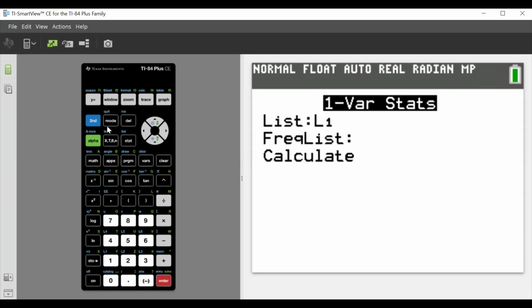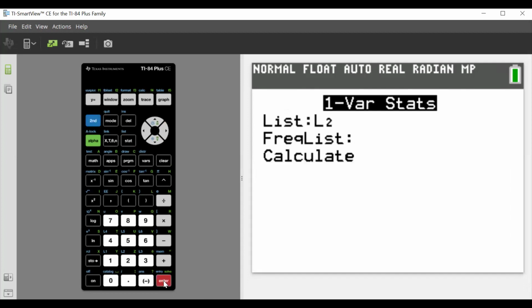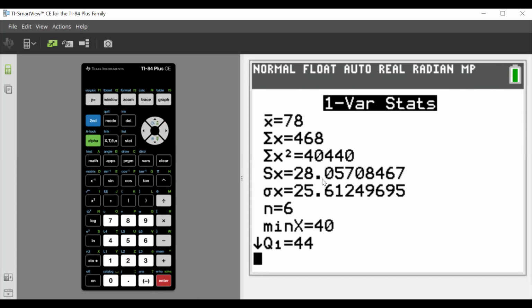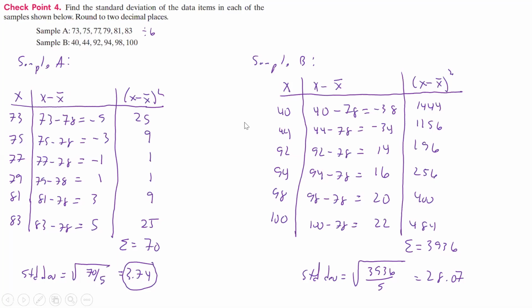So to get L2, you have to hit second 2. Now we're going to do the L2, and we get 28.057, so 28.06. Okay, so that's going to be our answer in this case. And I think we had 07 here, so it's probably just a rounding difference. So that's going to be the key difference on that one.